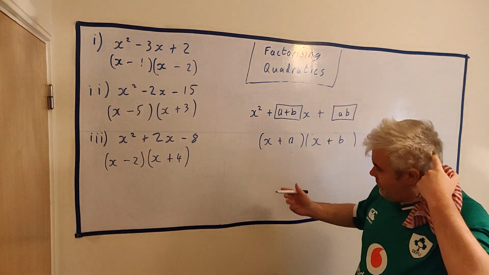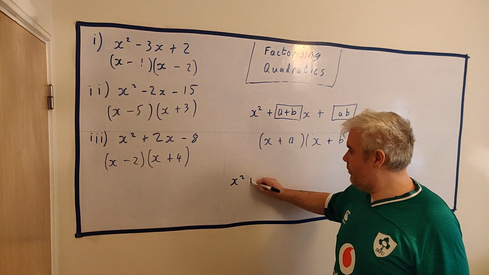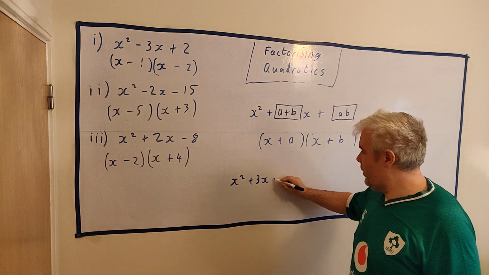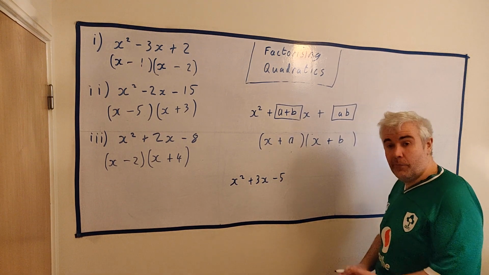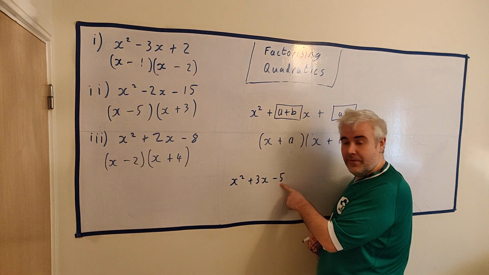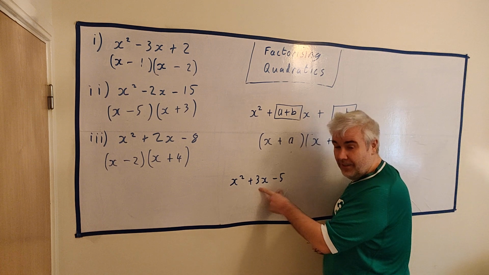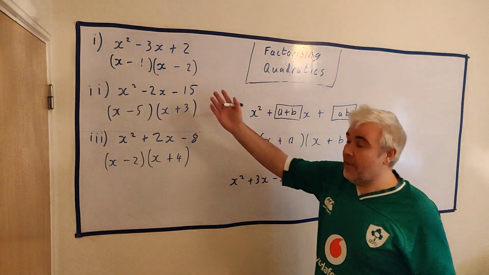For example, here's a question that's not possible. X squared plus 3x minus 5. That will not work. 5 and 1 are the only multiples of 5. They cannot make a 3. You cannot solve this question in your head.